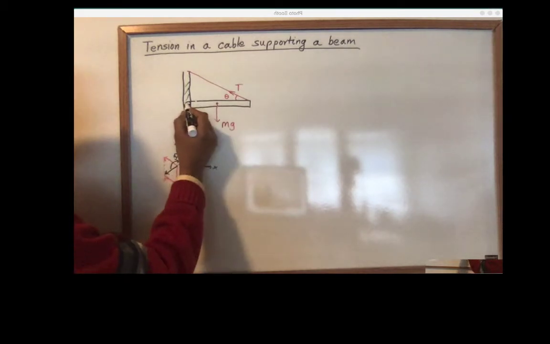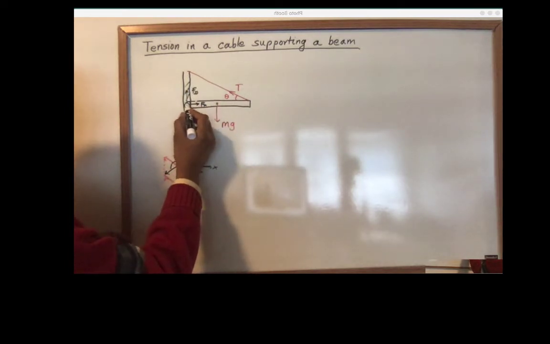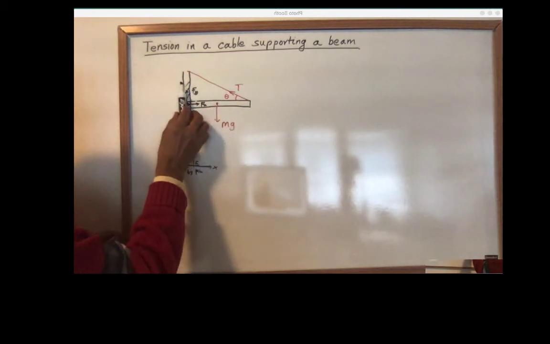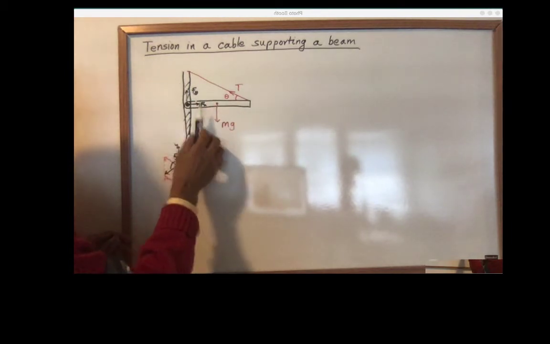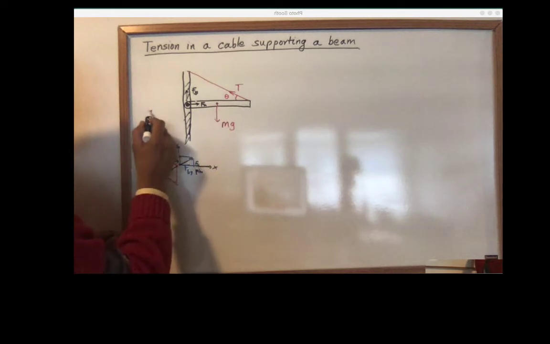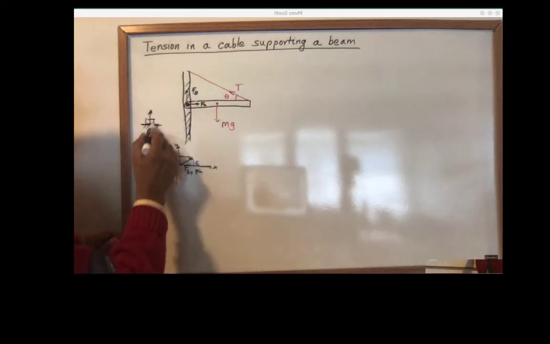So we say the pin is pushing on it with some fx and some fy. What you used to call normal is going to be this way. When we had a box on a plane, then normal was just that way. It was not this way. Here the normal is actually a combination of these two.